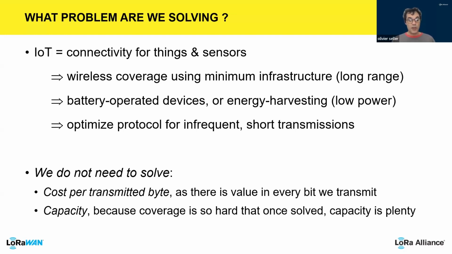We also do not need to solve for capacity because coverage is a hard problem. Wireless coverage is a hard problem that we don't completely solve with LoRaWAN, and that no technology is able to solve anyway. But it's such a hard problem that when you cover a given area, you have plenty of capacity for IoT, for things and sensors. So the problem is getting long range, so low cost coverage, low power, and a protocol optimized for the low data rate of the sensors. That's what we solve with LoRaWAN.